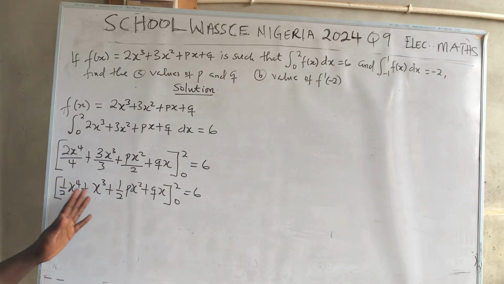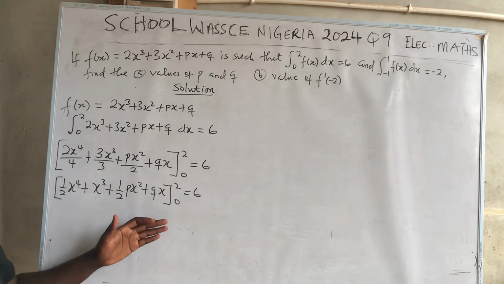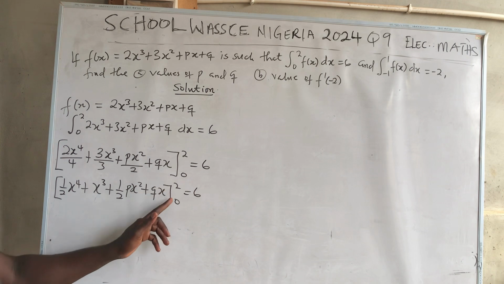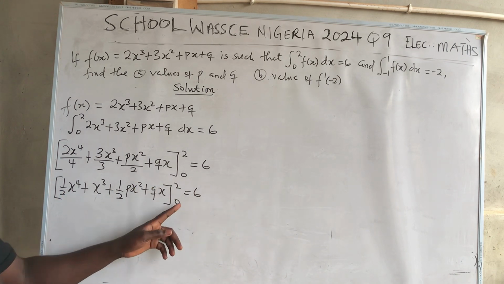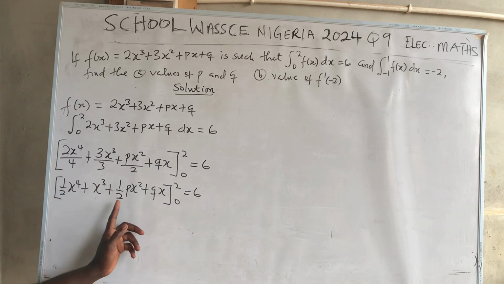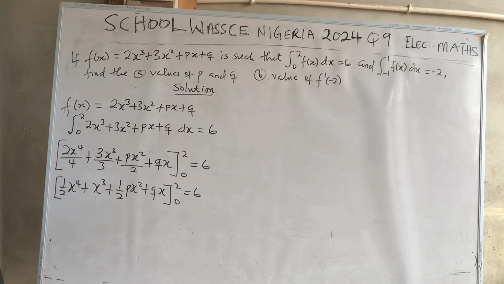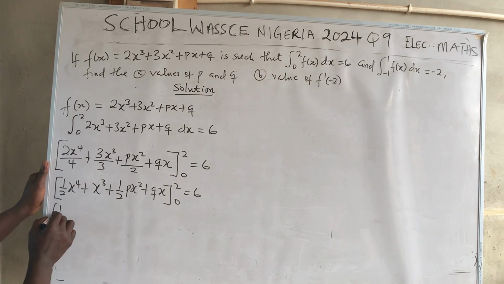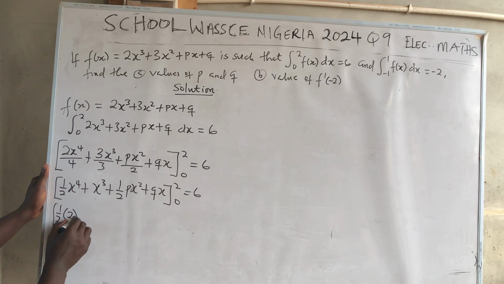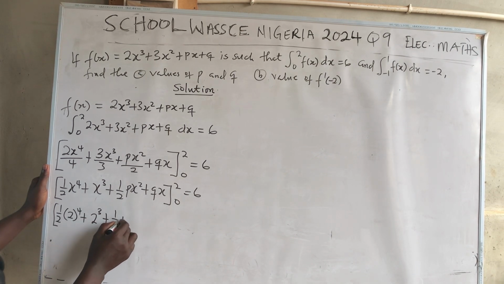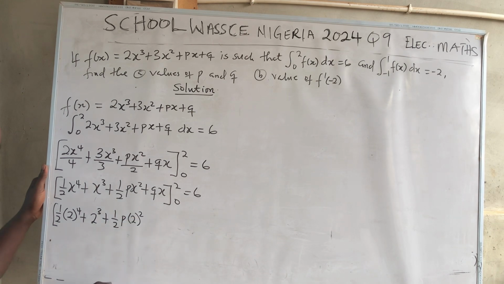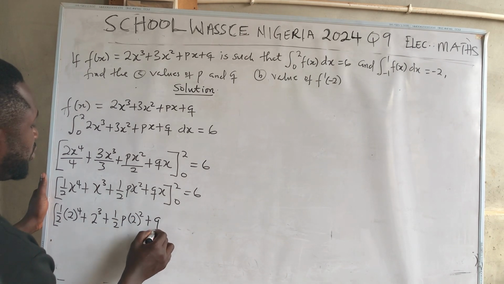Okay, so I've simplified this. We have this. So if you have this, then this is what we are going to do. You do substitution. You substitute the value of 2 to wherever you see the variable x, minus, then we substitute the value 0 to wherever we see the variable x into the same integral function. So we are going to have 1 over 2 exponent 4 plus 2 exponent 3 plus 1 over 2p, 2 exponent 2, plus q, also multiplying 2.